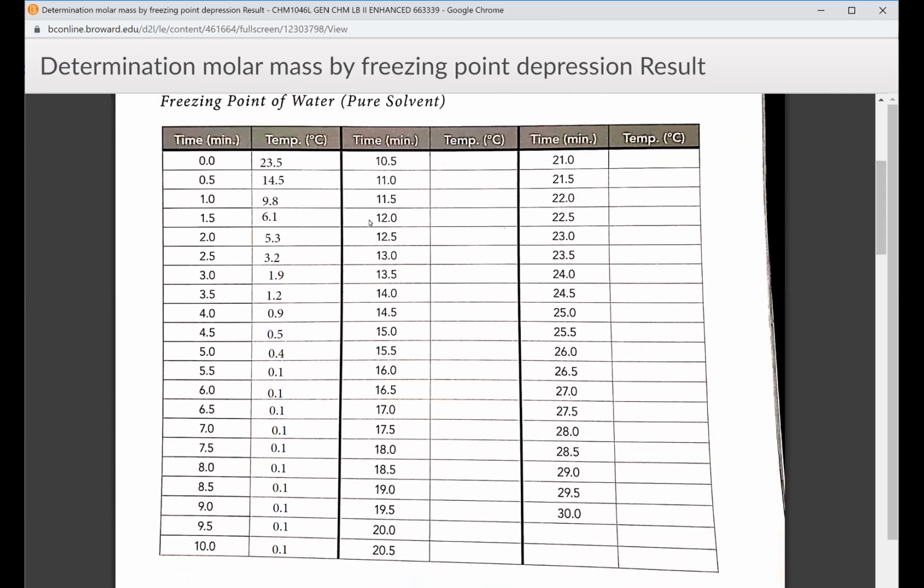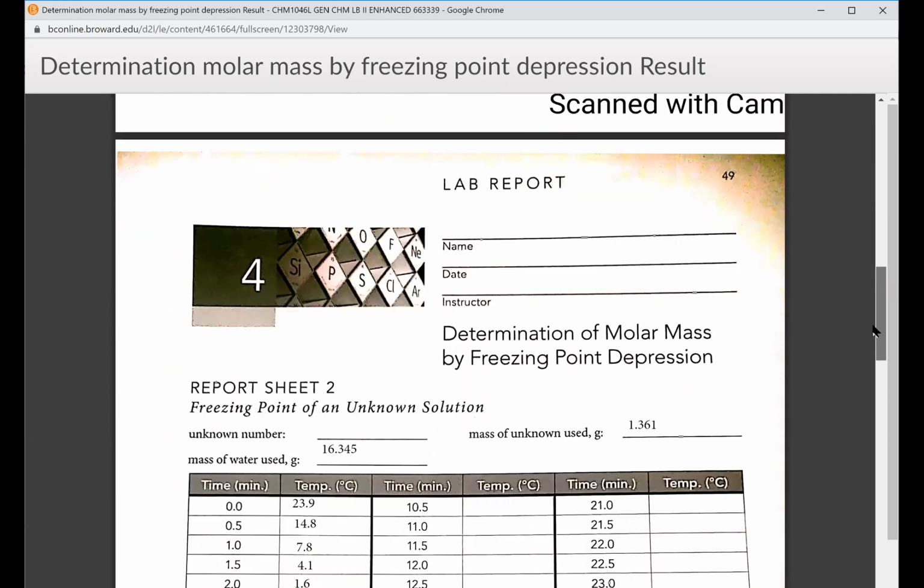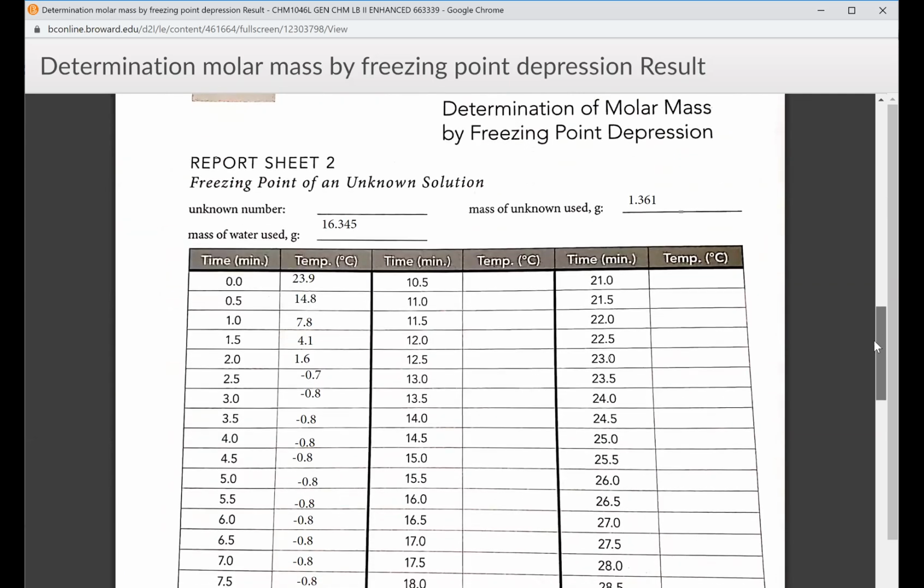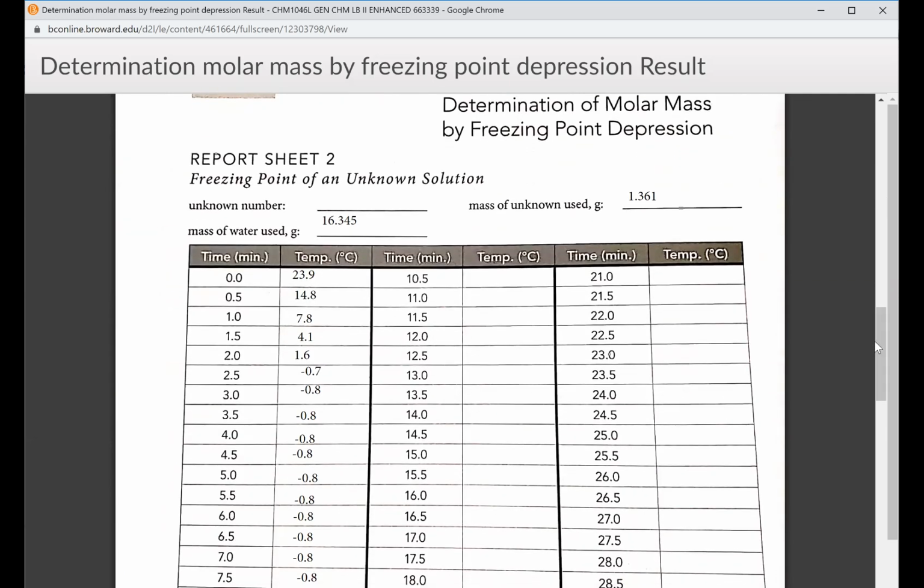So this data will be input into Excel to create a graph so we can accurately read the freezing point of the solvent. In part 2, an unknown was added to water, creating a solution, and the temperature was recorded at various points in time, as shown in the data here.